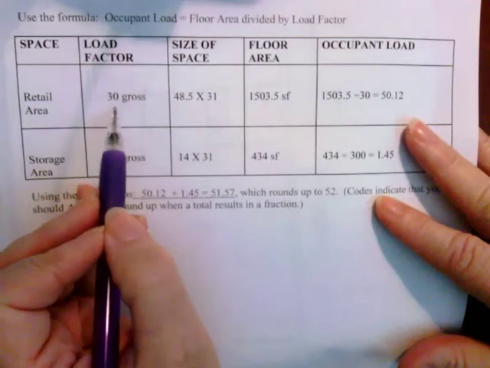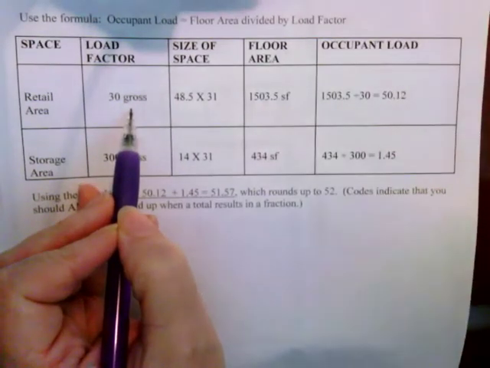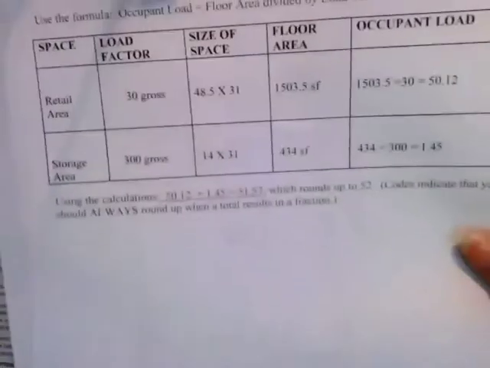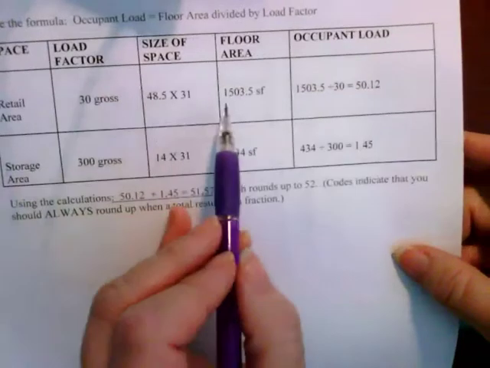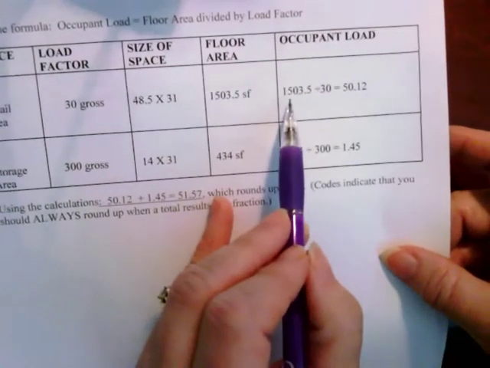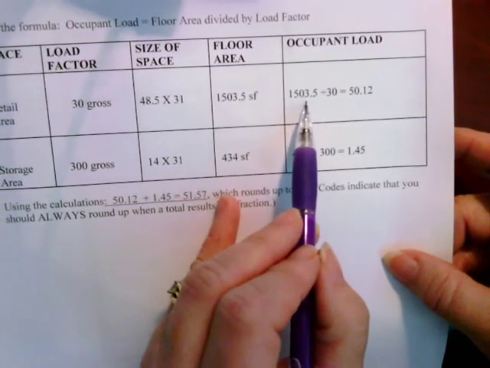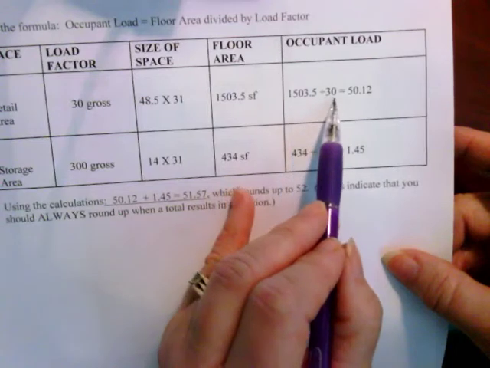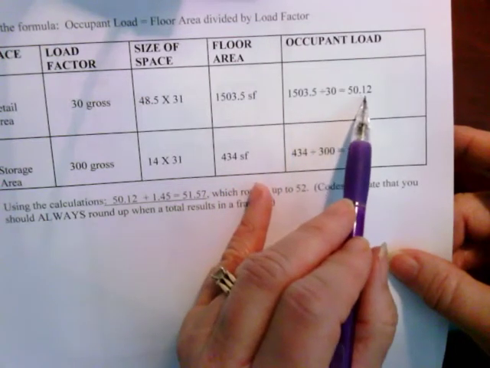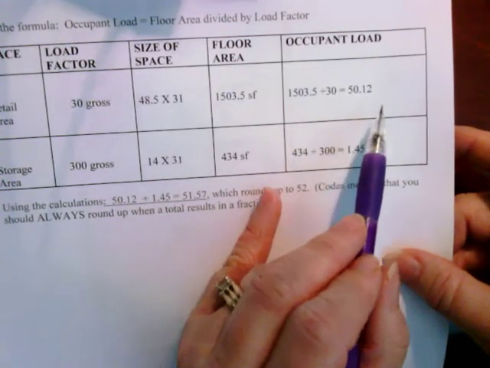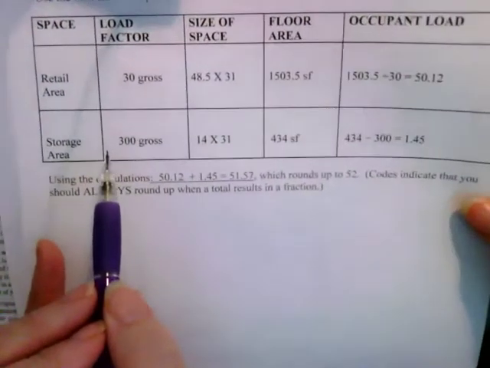We know it's 30 gross because it's grade level. So we're going to take the 1,503.5 divided by 30, which comes up to 50.12.